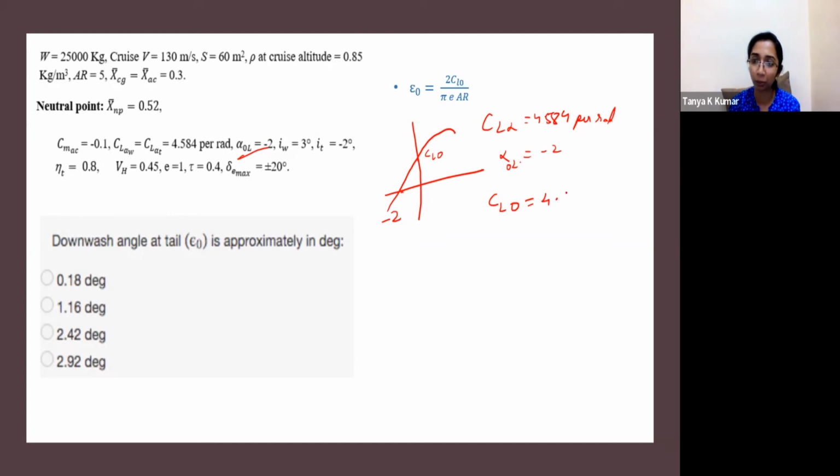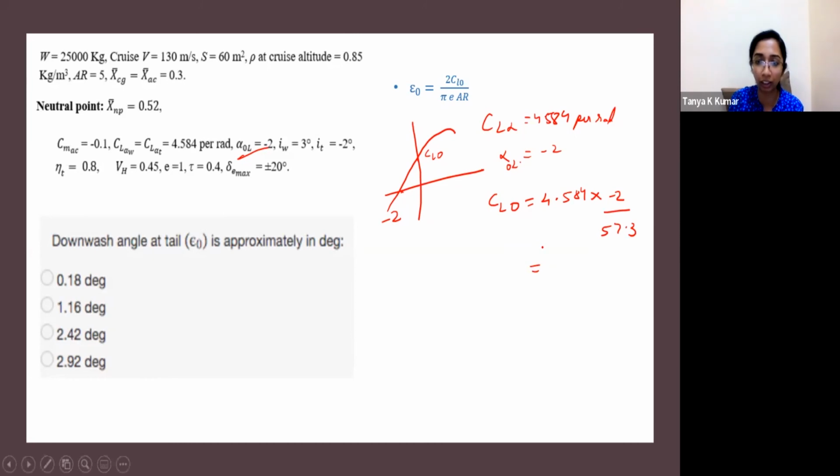It's 4.584. That is the slope into the angle, right? Into -2. But -2 is in degrees, right? So do we divide by 57.3 or multiply? Is this correct?